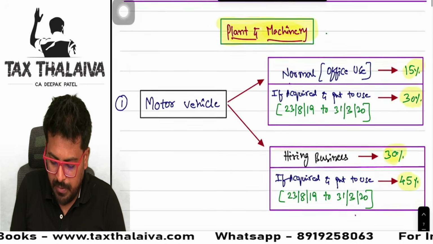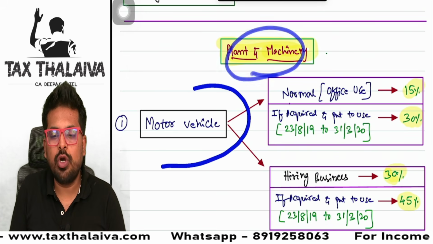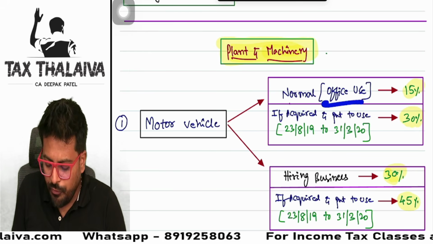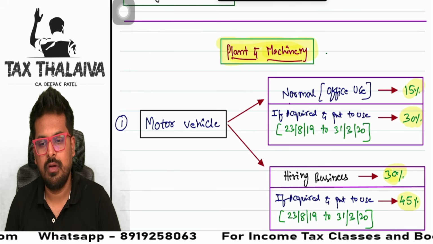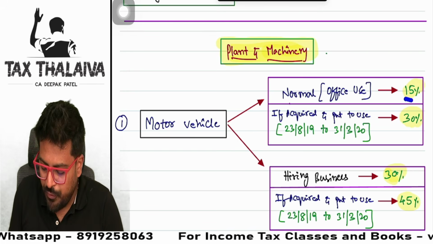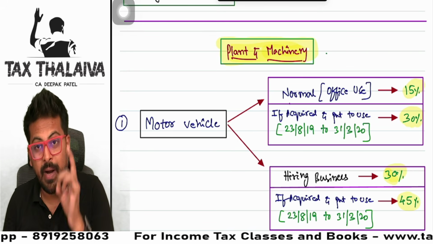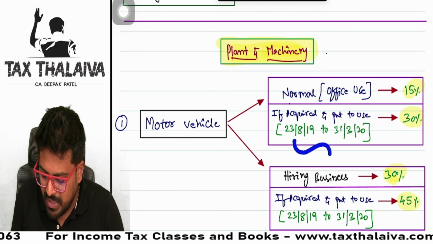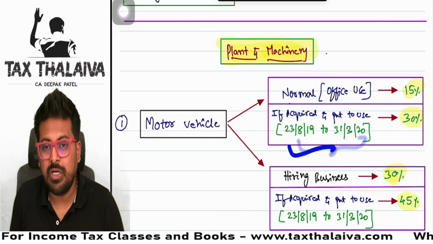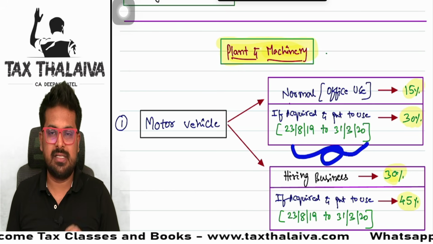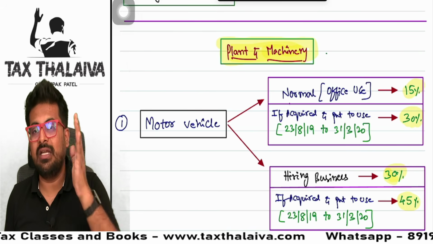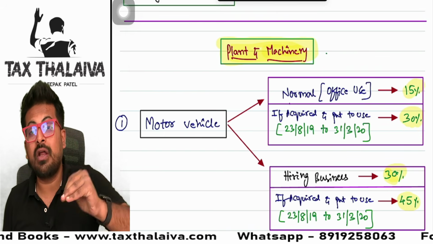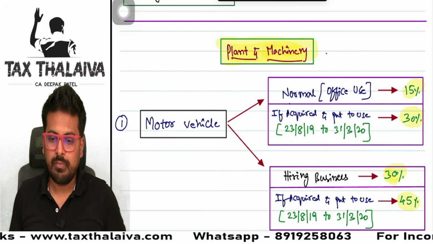In plant and machinery, the first one is motor vehicle. If you use a motor vehicle for office use, in that case you can claim 15% depreciation, but due to a government scheme, if you had purchased the motor vehicle between 23rd August 2019 and 31st March 2020, in that case you are eligible for a higher depreciation.